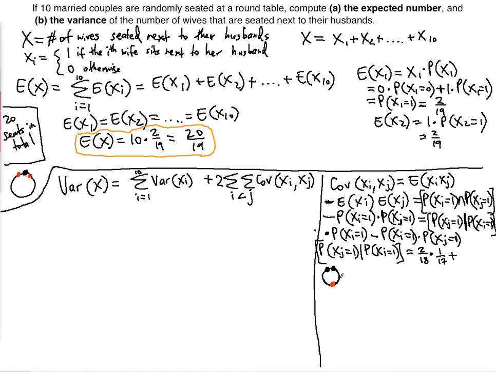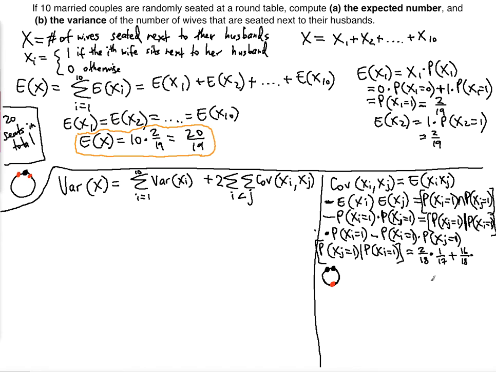So 16 seats available out of the 18, right? So 18 seats for her to sit in, but 2 seats that she cannot take next to the couple, right? So it's going to be 16 over 18 probability that she's sitting somewhere here and not next to the couple.